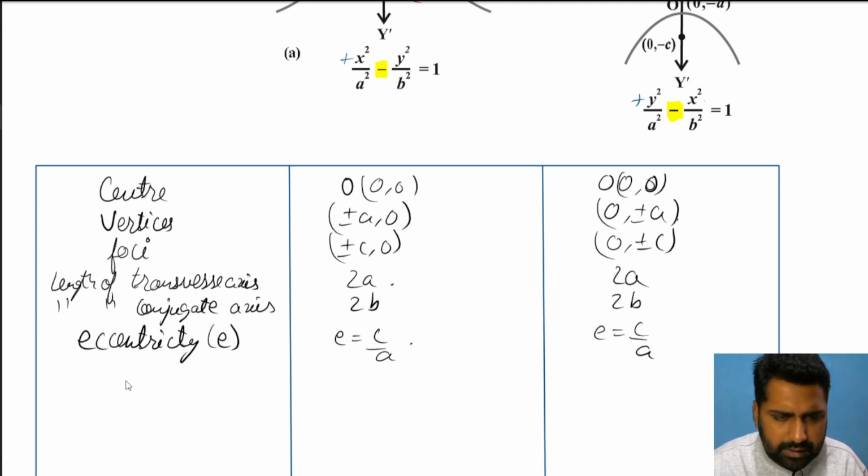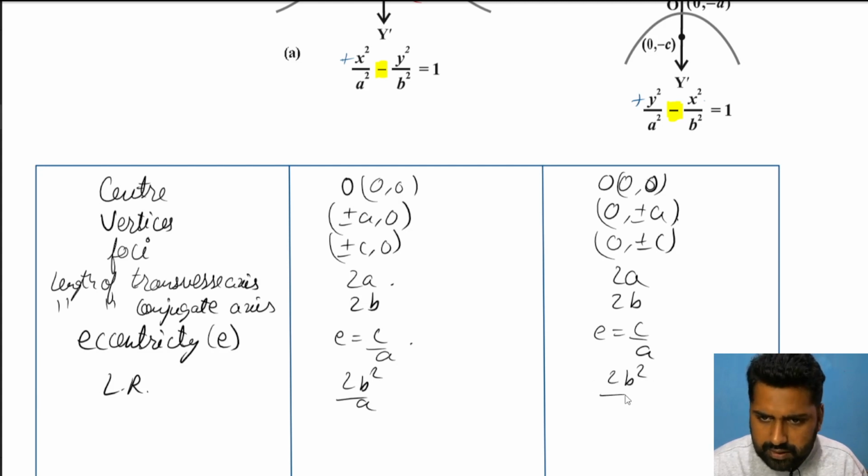The latus rectum earlier was 2b square by A. Still the same, 2b square by A. So good thing that you don't have to learn two separate things.